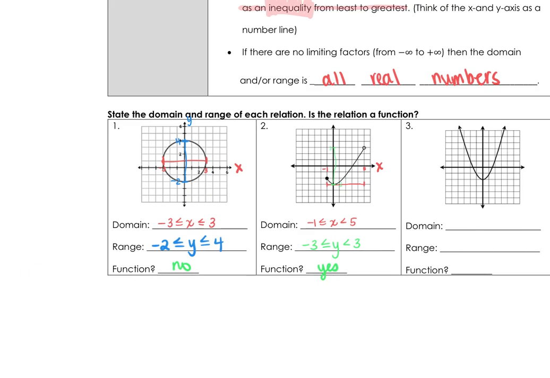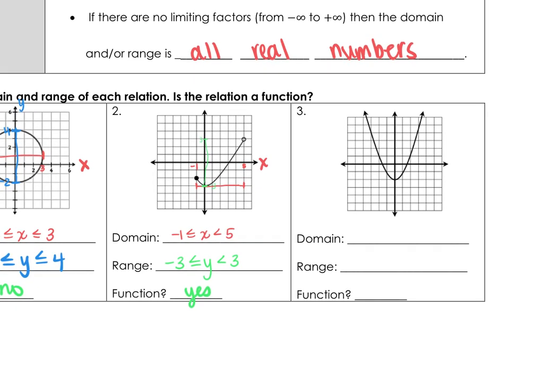All right, graph number 3 is a little different because graphs 1 and 2 had start and stop points, both left and right and up or down. Graph number 3 doesn't have any points on it at all. Well, it has lots of points, but there's no end points specifically.